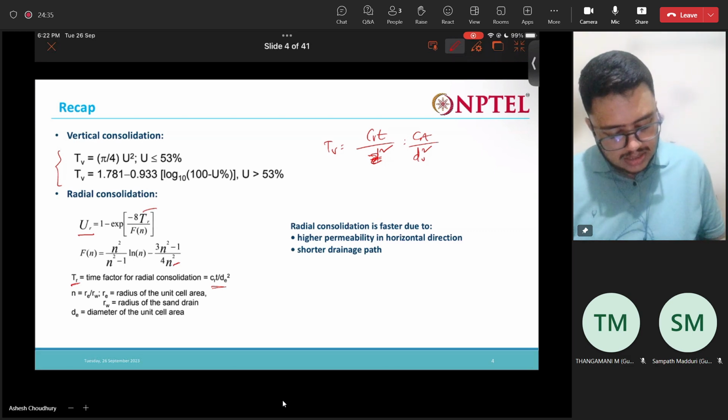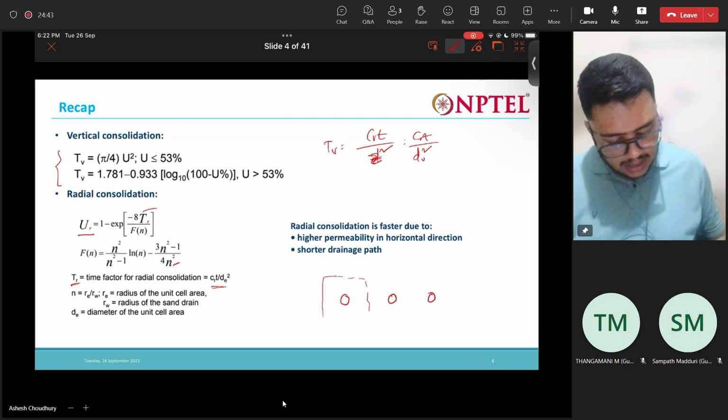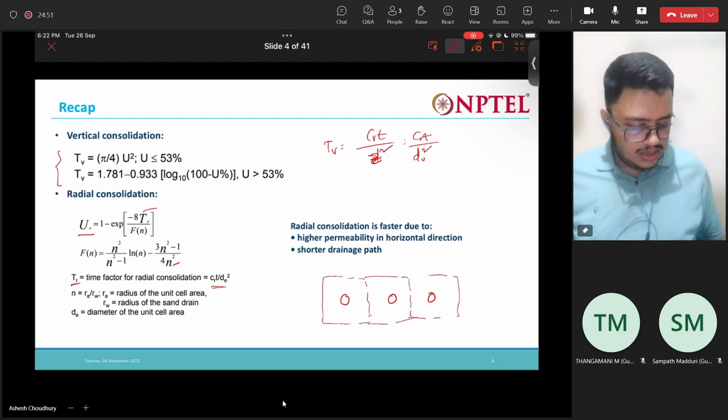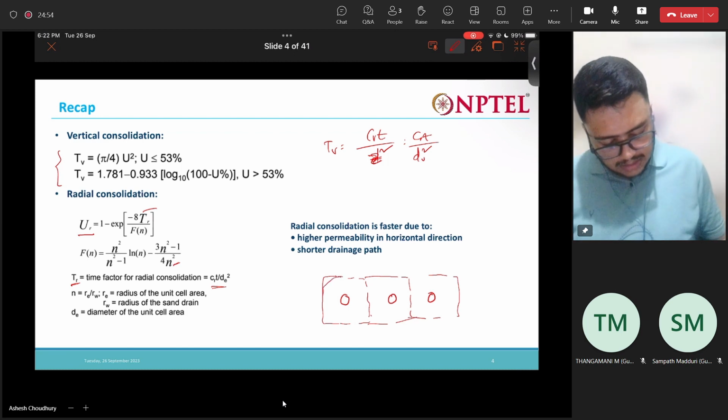Say you have sand grains like this in the soil. The unit cell is nothing but the influence area of each of these, which can be represented in terms of circular rods.